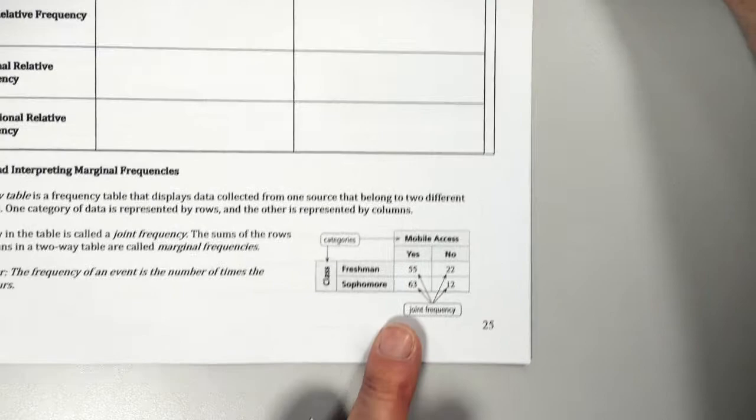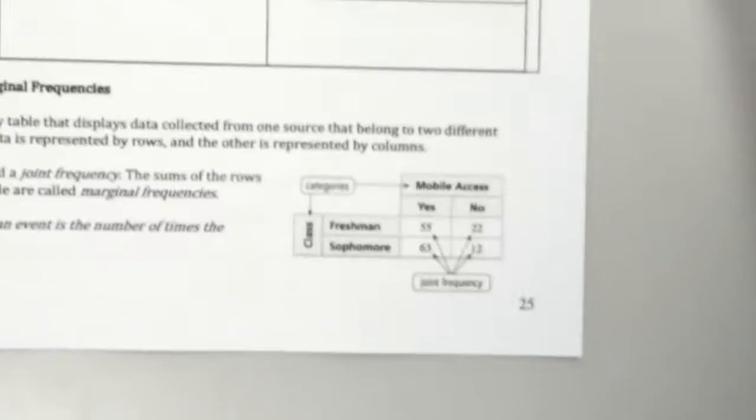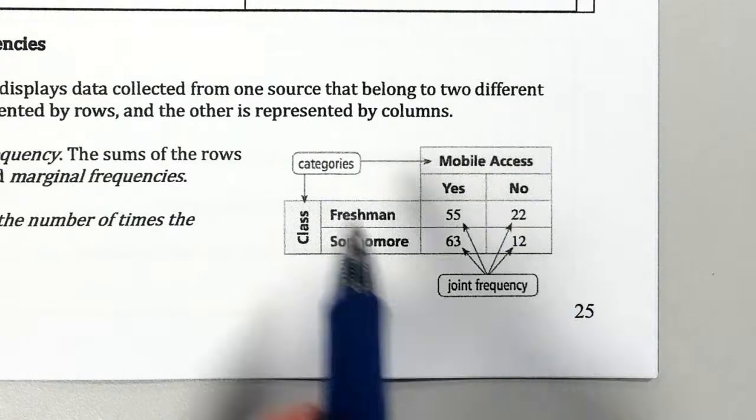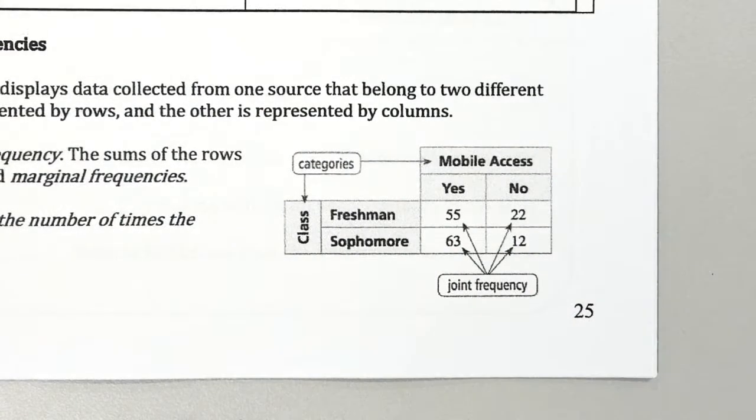So let's look down at the bottom, where I've got an example of a two-way table, and I want to look at what the categories are. My categories are class, so freshman and sophomore, and mobile access. You can see that I've collected my data in a two-way table.